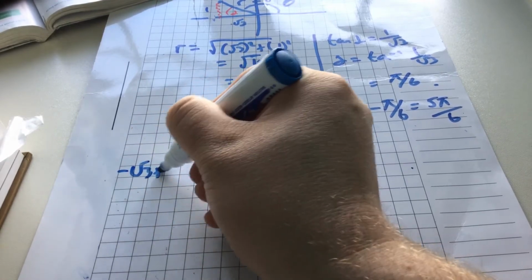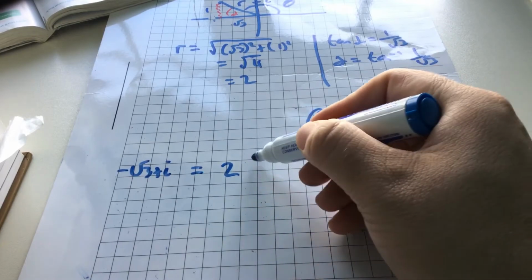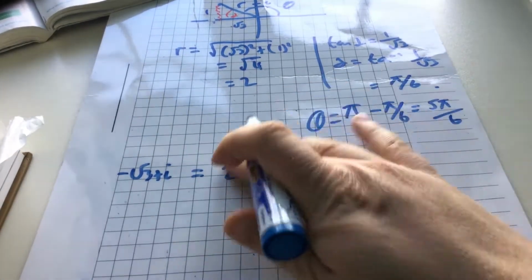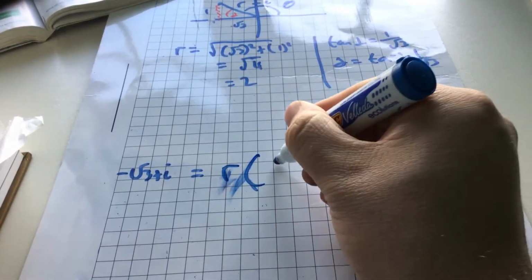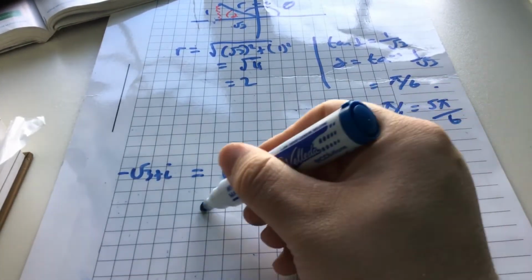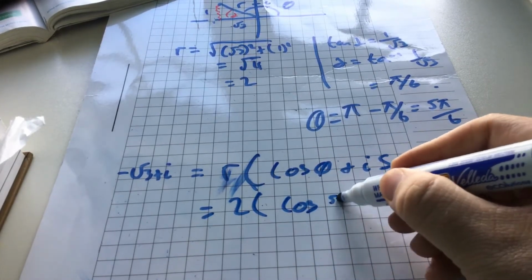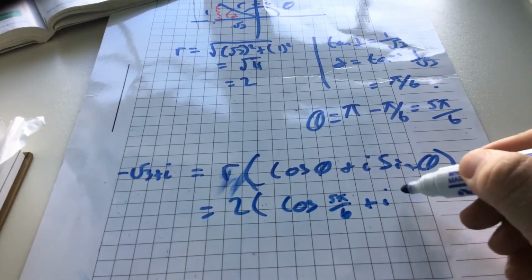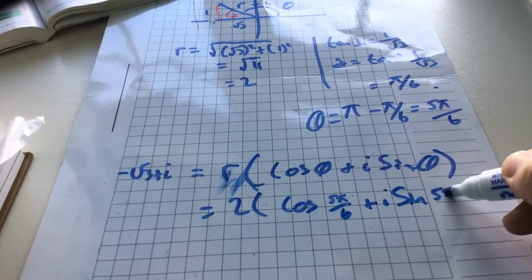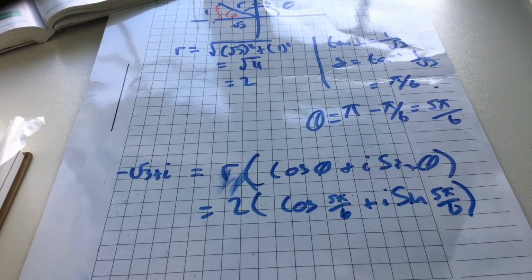Minus root 3 plus i equals 2 for r. Maybe I'll write the general form: r cosine theta plus i sine theta. So it's 2 cosine 5 pi over 6 plus i sine 5 pi over 6. And you are done. That is it in polar form.